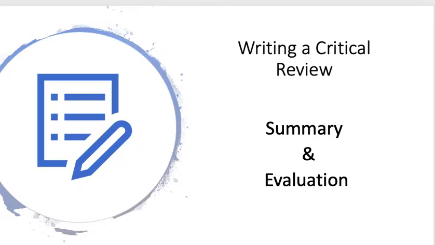Your review should begin with a complete bibliographic citation in APA formatting that includes author, title of journal article, name of journal, volume, issue, date of publication, and the pages.